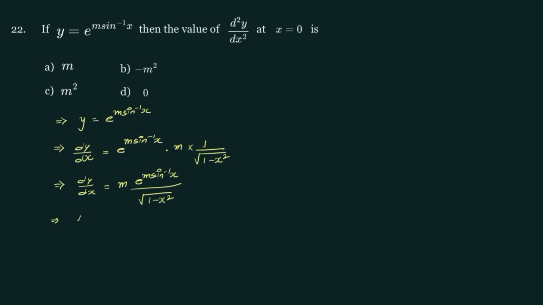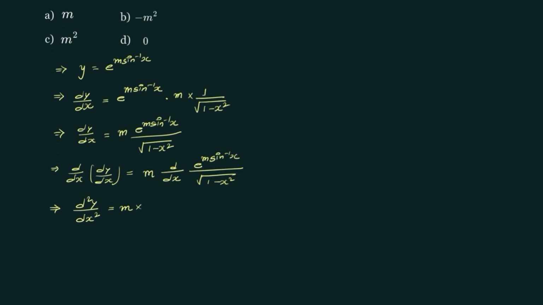Then here it will be d/dx of dy over dx, and since m is a constant, so m times d/dx of e to the power m sine inverse of x whole divided by square root of 1 minus x square. So this implies d2y by dx2 equals m into, here we will use the quotient rule.